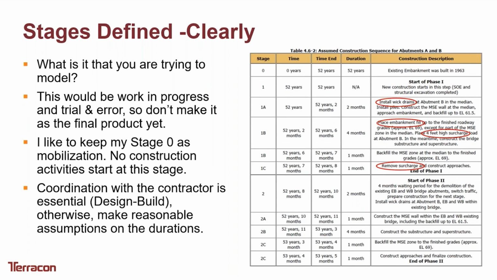This tells me I need to have my post-construction settlements completed within those first 6 months. If not, that means I have a problem. In this case, I need to install the wick drains, because that was helping with the post-construction settlement. It was reducing it by, I think, 4 or 5 months. Otherwise, it was going to exceed by another 4 months.